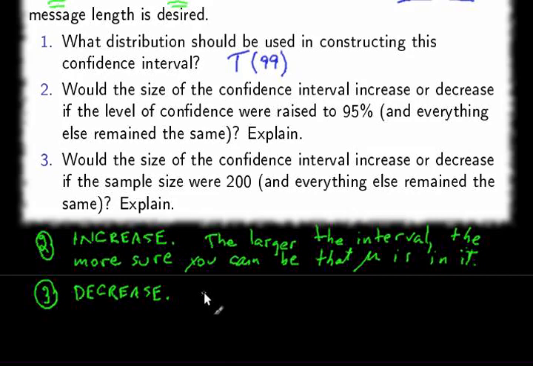And this can be explained mathematically because the central limit theorem says we should be dividing by the square root of the sample size to get the standard error. So the standard error decreases.